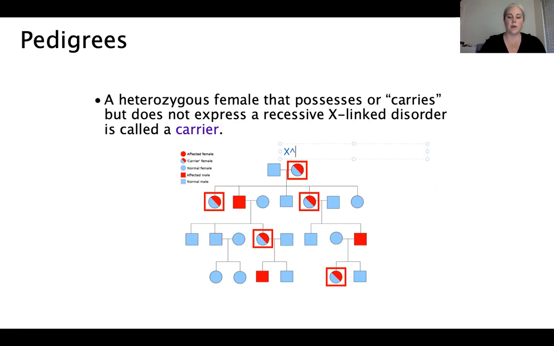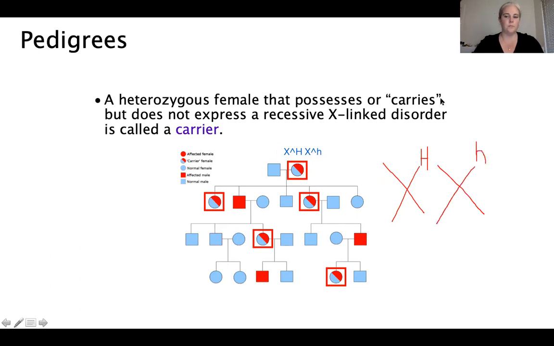It's X with whatever it is, so we'll do big H, and we'll act like it's hemophilia, and then we'll do an X with the superscript of little h. If you were a carrier, it would look like this. If it is written on the X like this, it is an X-linked disorder, okay?